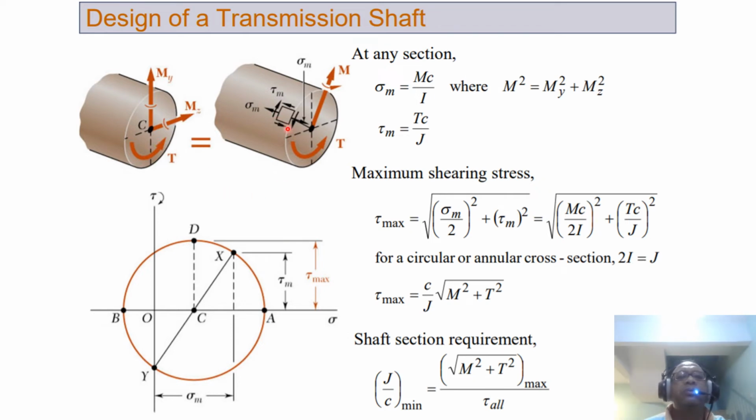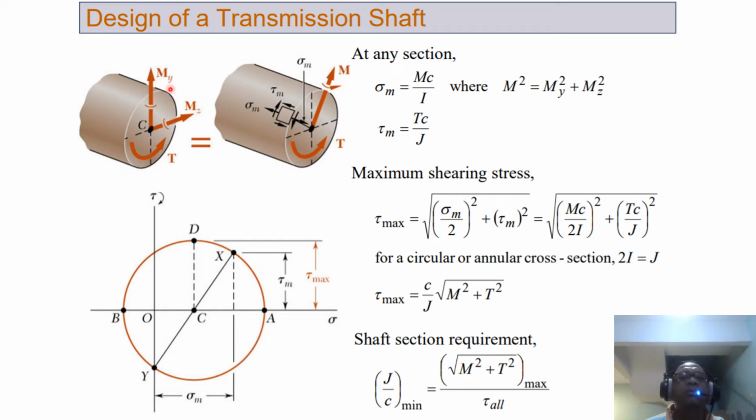So you have shear stress acting and also a normal stress acting along the fiber along the shaft. So we have sigma m equals Mc over I, and then we have tau m equals Tc over J, where T is the torque, c is the radius, and J is the polar moment of inertia. I is the moment of inertia, where M is the resultant moment.